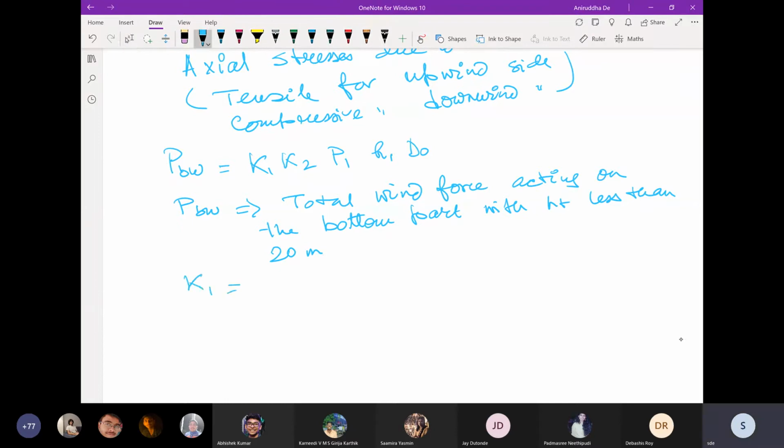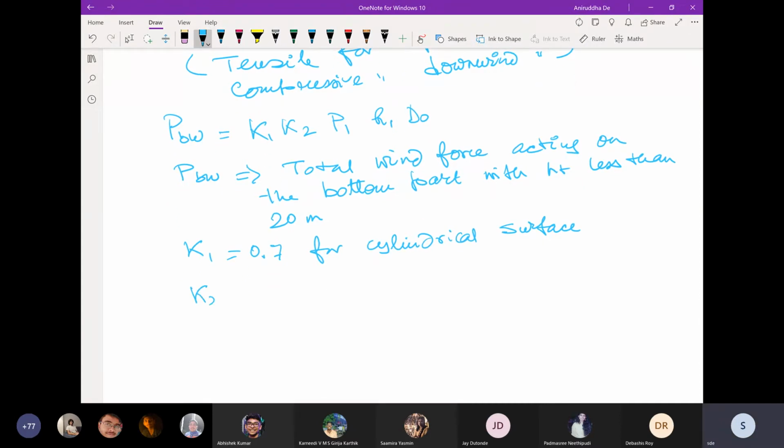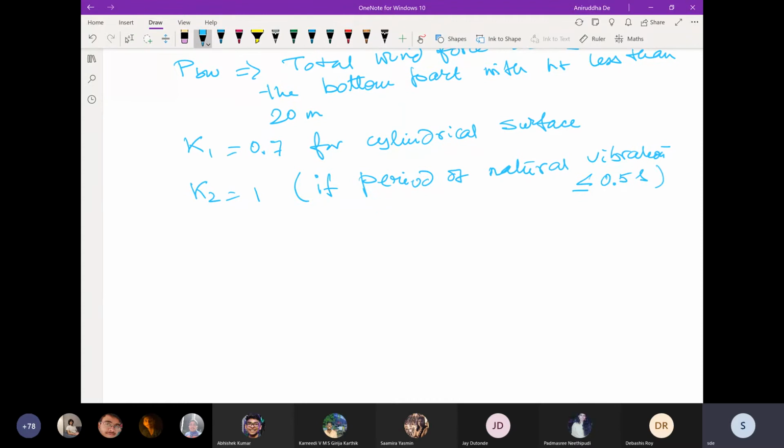K1 is equal to 0.7 for cylindrical surface. K2 is equal to 1 if period of natural vibration is less than or equal to 0.5 second, and this is equal to 2 if period of natural vibration is beyond 0.5 second. Okay.